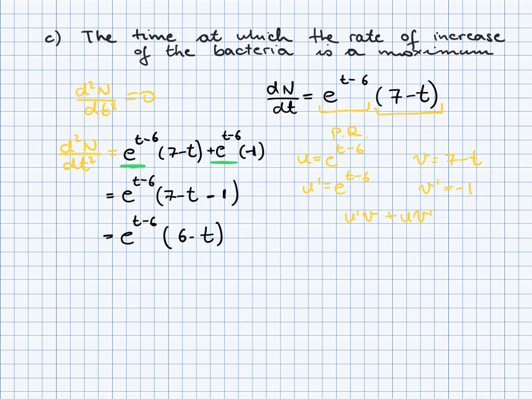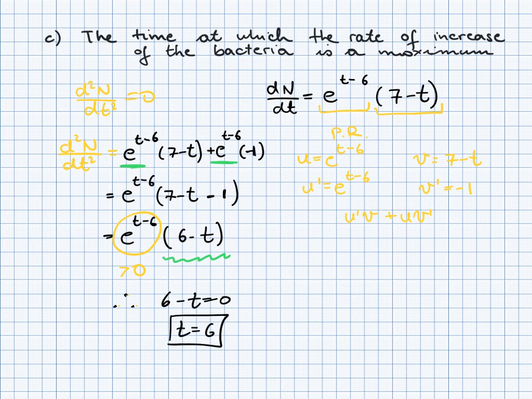It's only equal to 0 when this part of the equation is equal to 0. We don't have to worry about the exponential because it's always positive, bigger than 0. Therefore 6 take away t is equal to 0, and that happens when t is equal to 6.